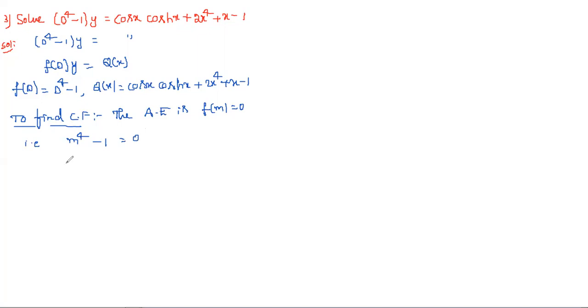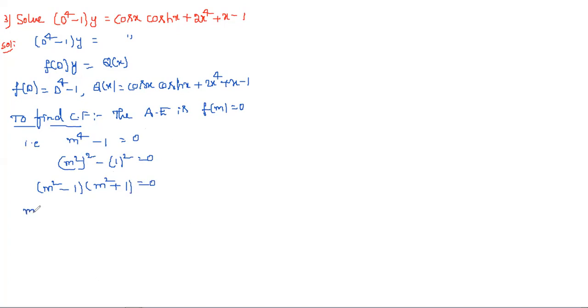So how can you write this one? Simply we can write (m^2)^2 - 1^2 = 0, and it is in the form of a^2 - b^2, simply we can write (a - b)(a + b). That is (m^2 - 1)(m^2 + 1) = 0.